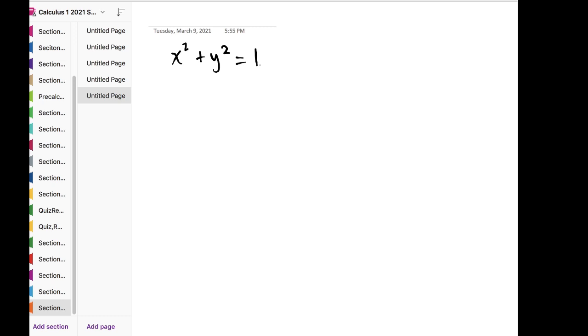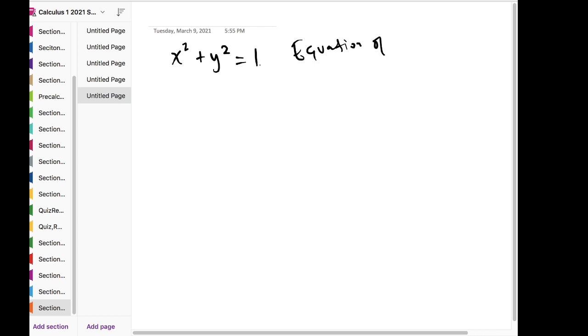Okay, so we know this is the equation of a circle. And what if we solve for y? What happens? We get y squared is equal to 1 minus x squared. And then what's our next step?